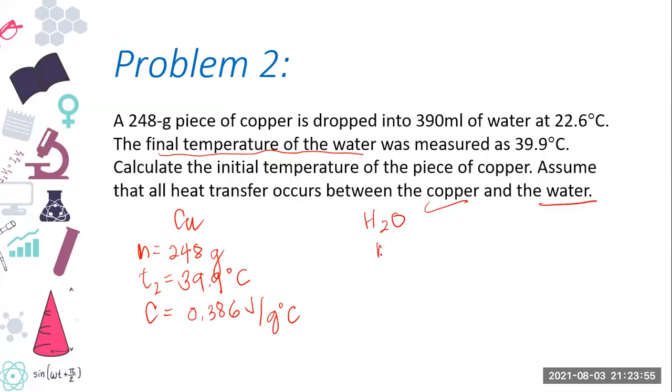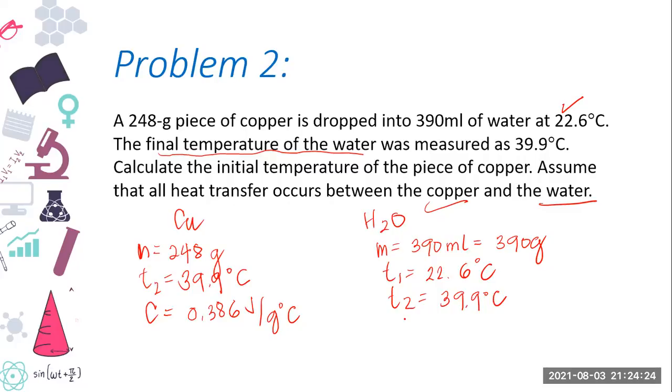It says that mass is 390 ml, which is, of course, we can say that that's 390 grams. And then we have initial temperature here, T1 equals 22.6 degrees Celsius. We also have, of course, the same final temperature, which is 39.9.